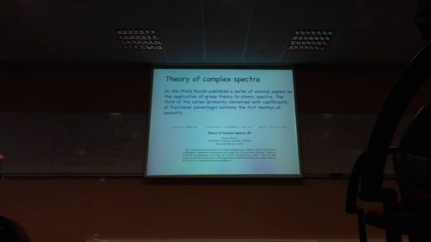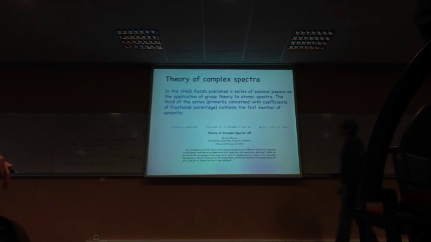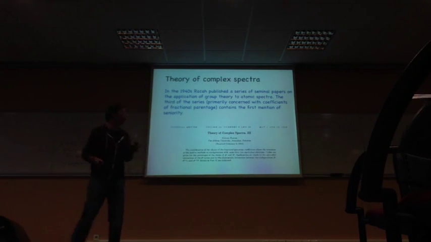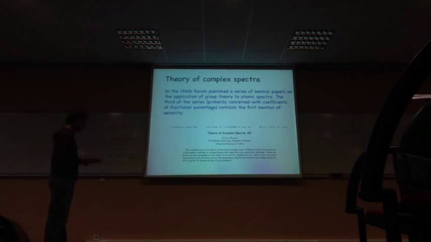So, a little bit about the history of this thing. This was introduced by Racah. Racah wrote a series of 4 papers in the 1940s, and these were all called Theory of Complex Spectra.